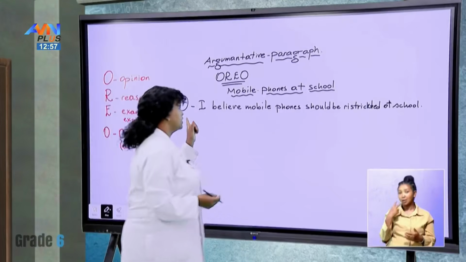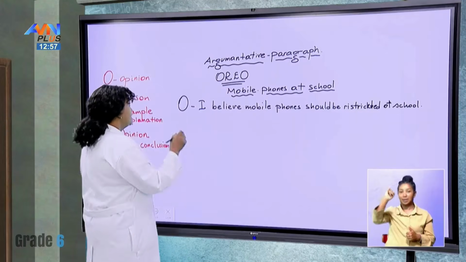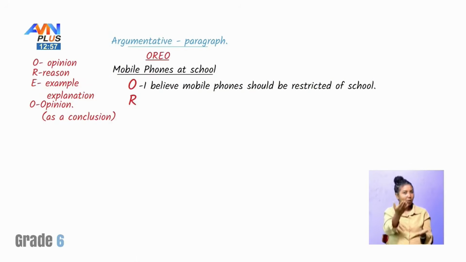Here we go. We have come with the first Oreo. Then let us give a reason. Why do I believe that they should be restricted?